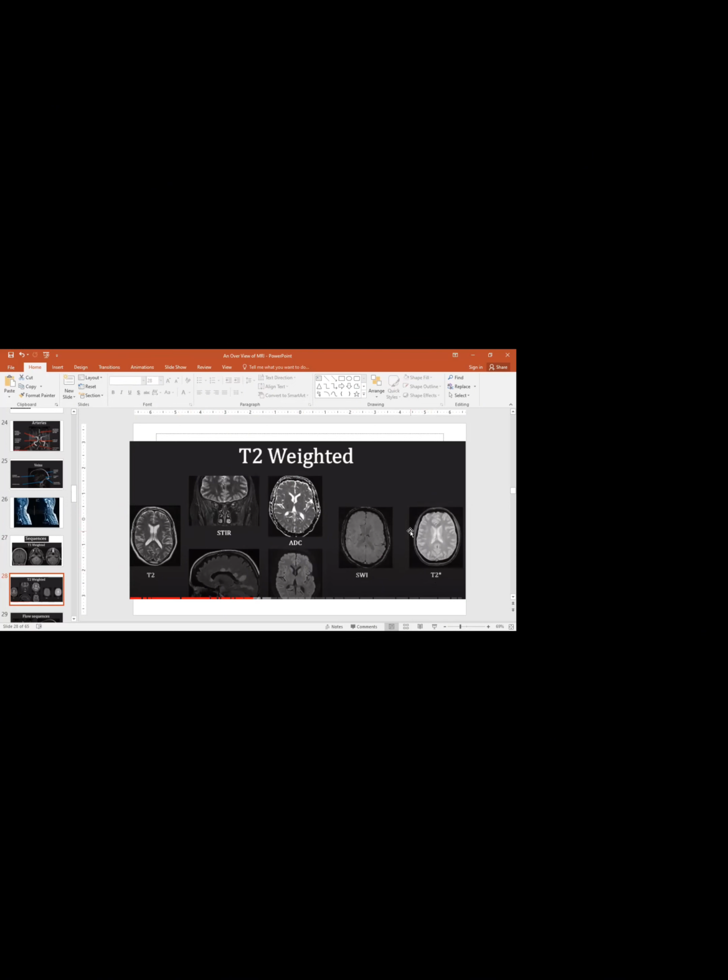These other types of sequences help us to see the pathology in the best available details. That is the main motto of making further sequences from the main sequence. The main sequence is T2 weighted, and we further made small changes in the sequence.